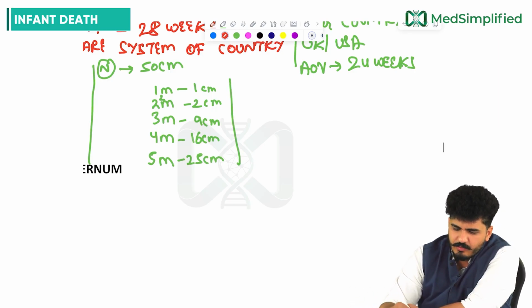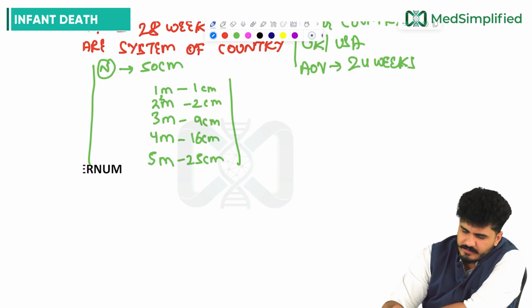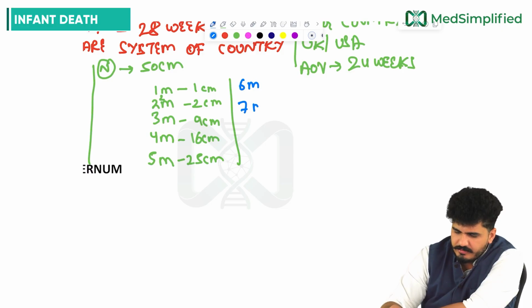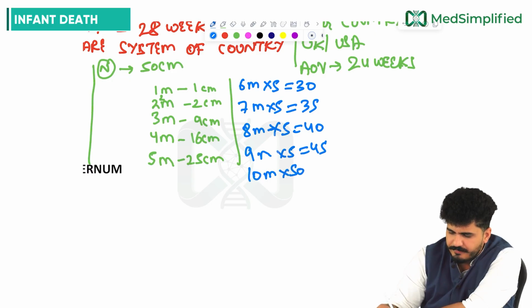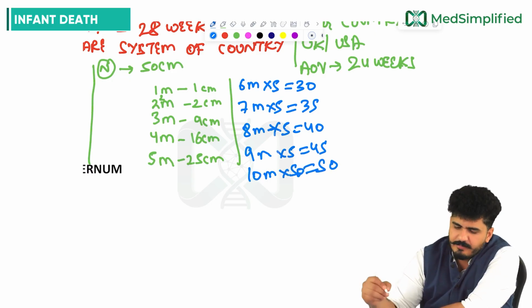Then another rule is the rule of Morrison, for 6 months, 7 months, 8 months, 9 months. 6 fives are 30, 7 fives are 35, 8 fives are 40, 9 fives are 45, 10 fives are 50, my dear friends.